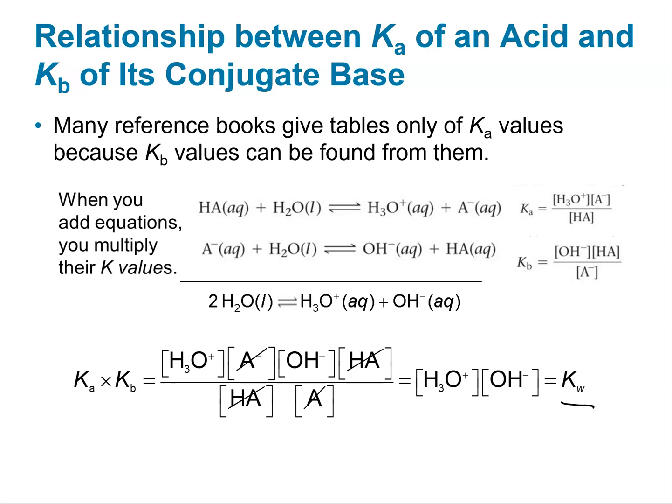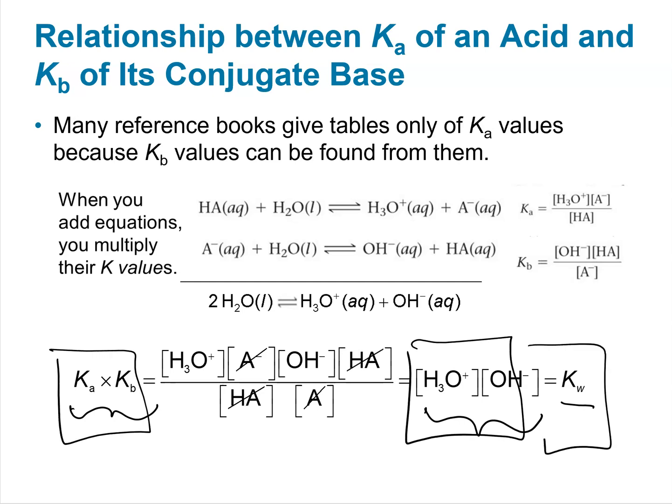So remember, Ka times Kb equals Kw, or the concentration of free protons, hydronium, times the concentration of hydroxide also equals Kw. So you have an interface between these three relationships that makes finding one from the other incredibly simple.